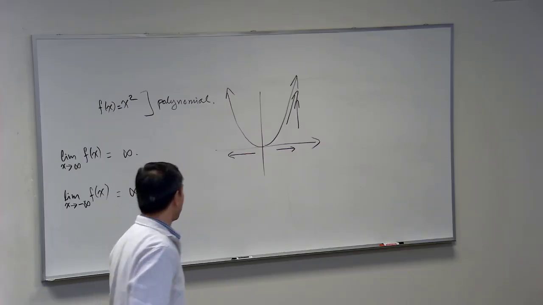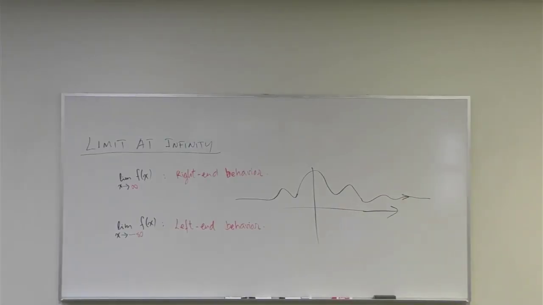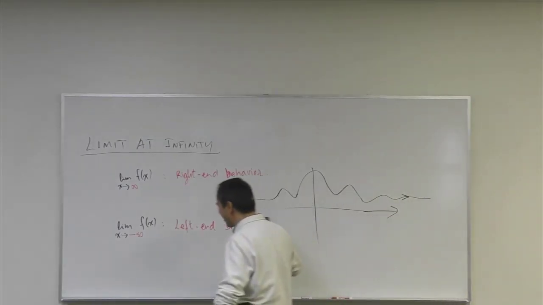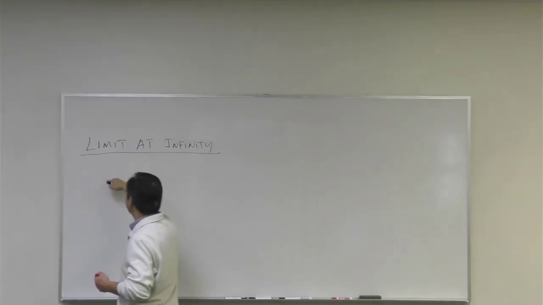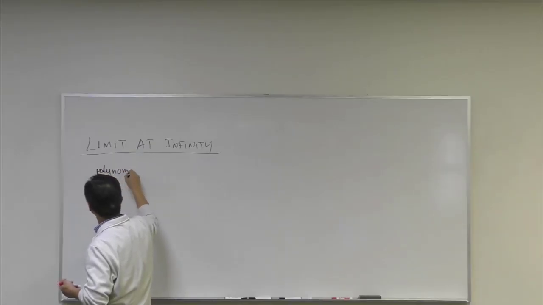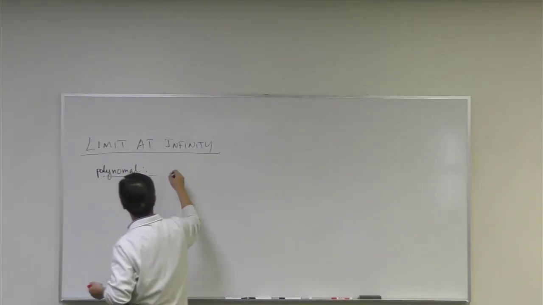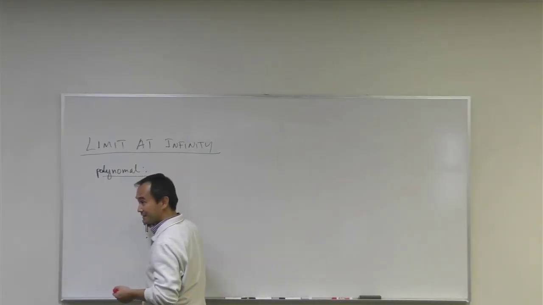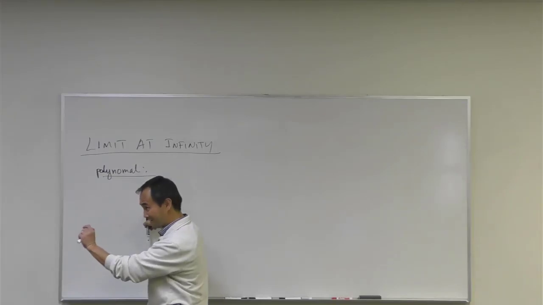But the reason I mentioned polynomials is that to get far on your journey about limits at infinity, let's bring back some pre-calculus. Do you recall from pre-calculus that any polynomial has a degree, the highest power among the terms?